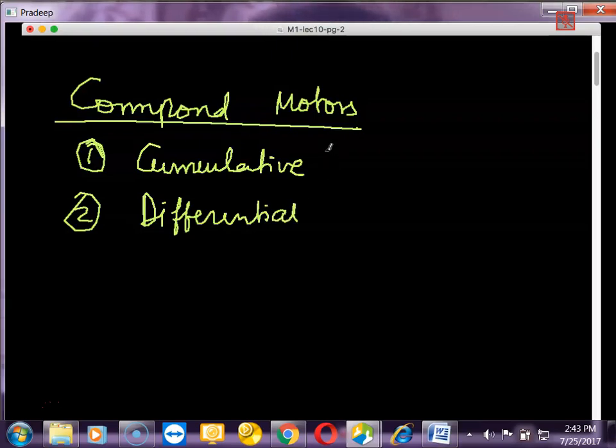So what is cumulative? This is based on the polarity of the field.